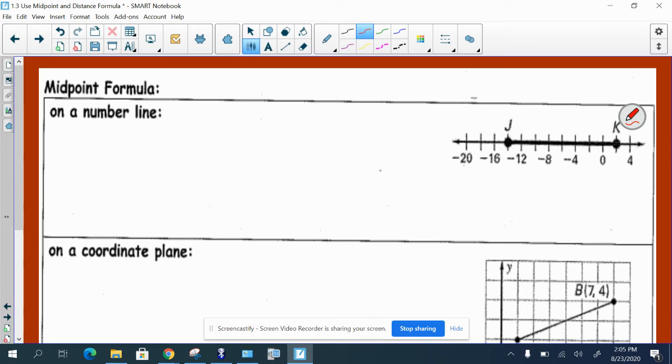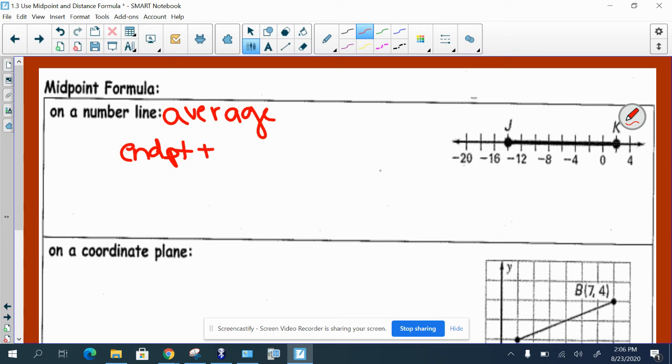All right. So the next part, we're talking about what the actual midpoint formula is. So on a number line, midpoint is really just the average. Okay, so to take an average, you add up the endpoints and then you divide by 2.